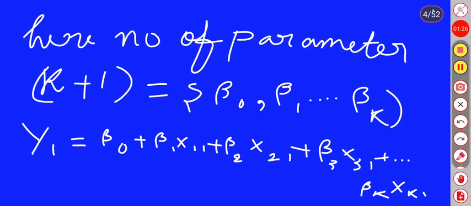The number of parameters is also k plus 1, because there are beta 1, beta 2, beta 3 up to beta k, and also another parameter, that is beta 0. That is why there are k plus 1 parameters. If i equals 1, then we can write y1 is equal to beta naught plus beta 1 x11 plus beta 2 x21 plus beta 3 x31 plus up to beta k xk1.